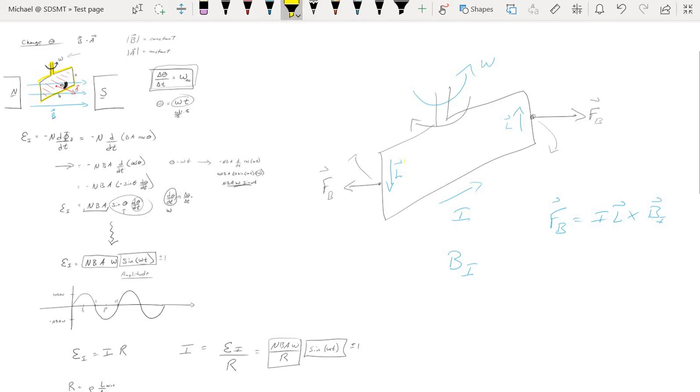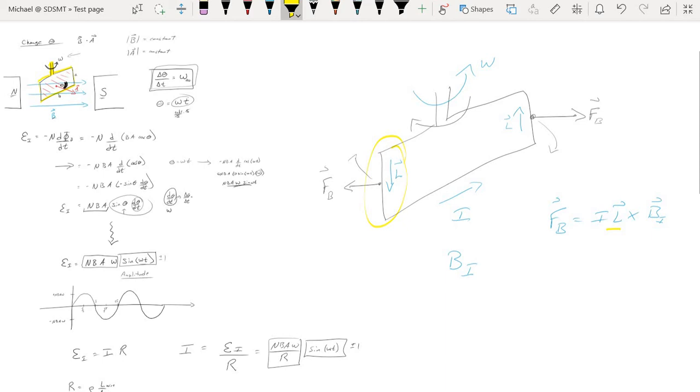And from here, we can find out what direction the induced magnetic field needs to point. We need to focus on one side at a time. So if I look at this front leg of the coil, the first vector in my cross product, L, that's the index finger that's pointing down.